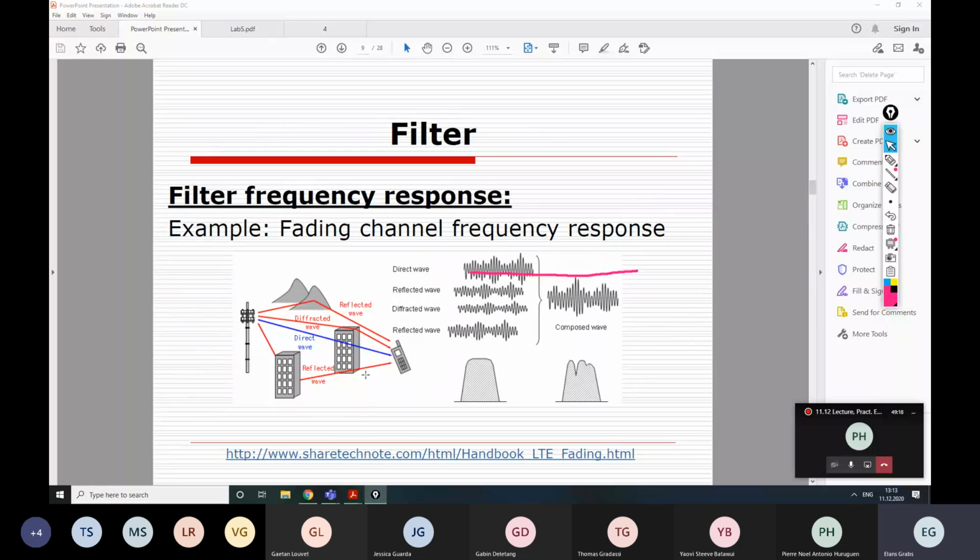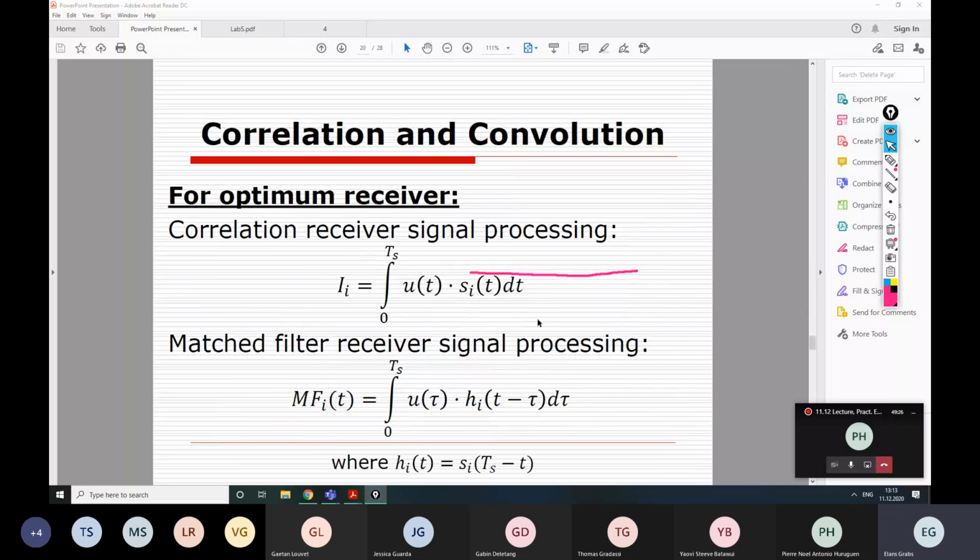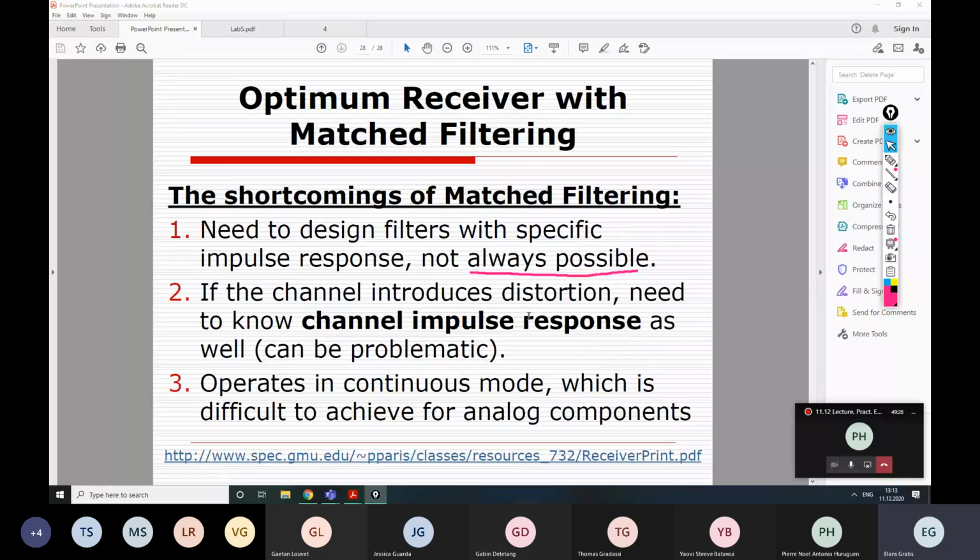Then we need to know the frequency response and the impulse response of the channel as well in order to make corresponding changes. So this is also not always possible, and can be problematic, especially if we are talking about mobile communications, when we have movement and this impulse response actually changes in time. So this can be again problematic.